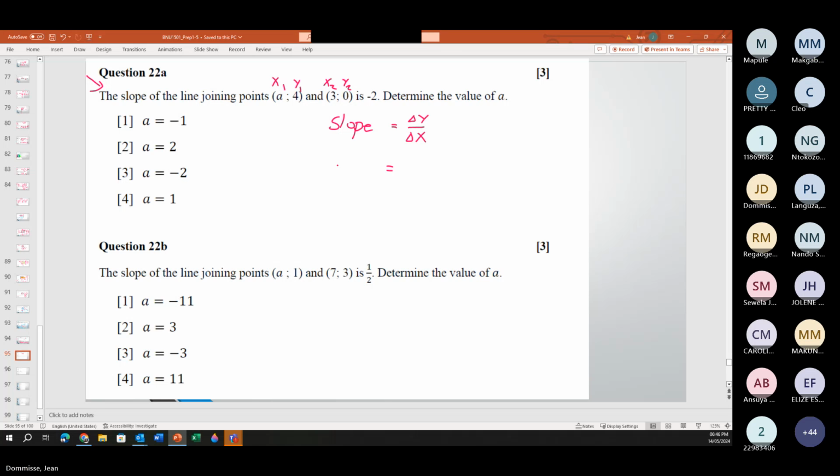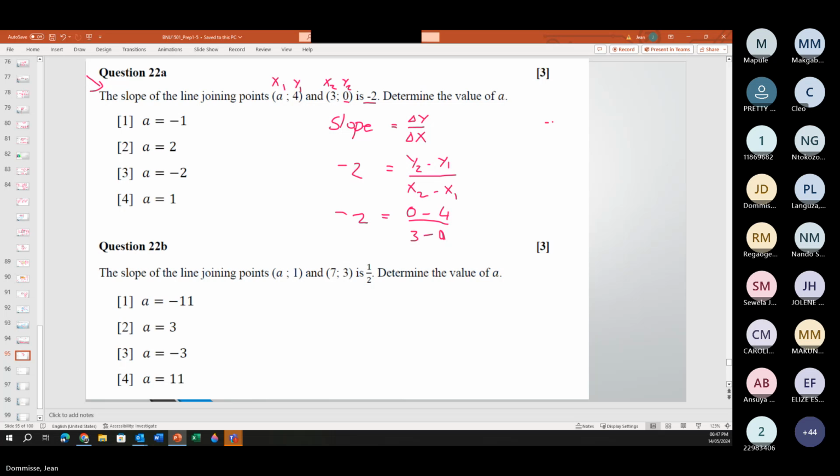We can say that the slope, they tell us it's -2, is equal to y2 minus y1 divided by x2 minus x1. And so -2 is equal to y2, which is 0, minus y1, which is 4, divided by x2, which is 3, minus x1, which is what we need to work out for A.